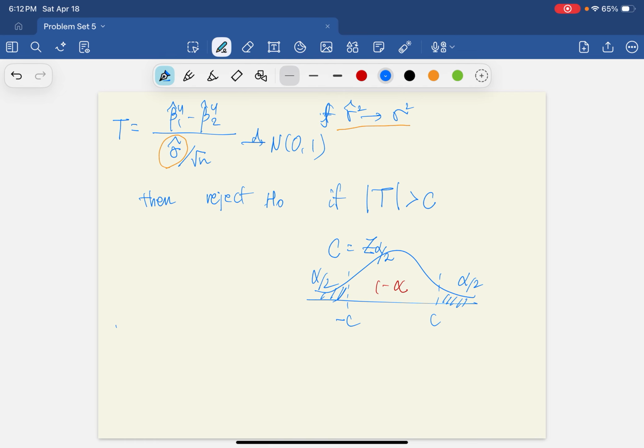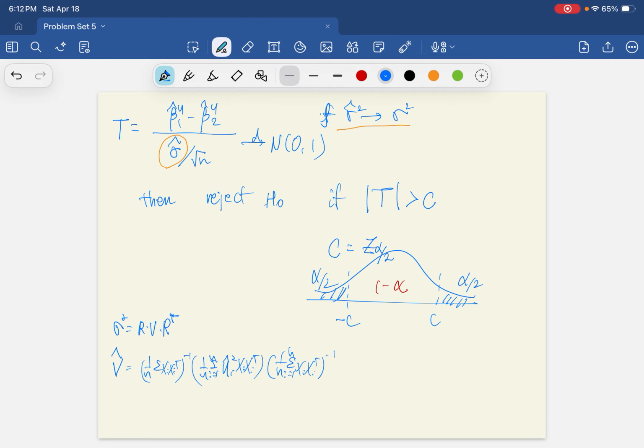That's also easy. Remember, sigma squared is R times V times R transpose. We are going to define V hat as the inverse of the sample average of x x transpose, times the sample average of u hat squared x x transpose, times the inverse of the sample average of x x transpose. How can we define u hat? The residual is y_i minus x_i transpose beta hat unrestricted.